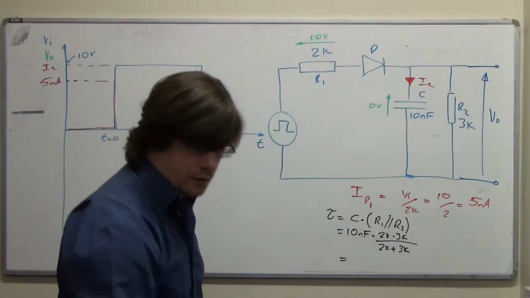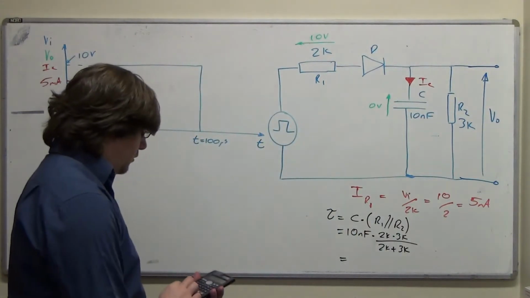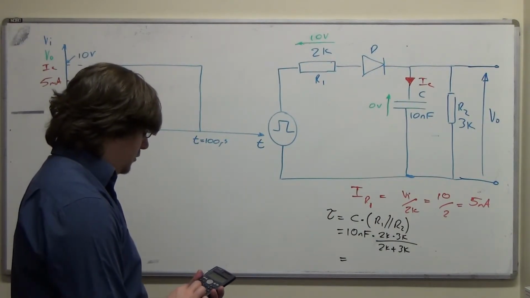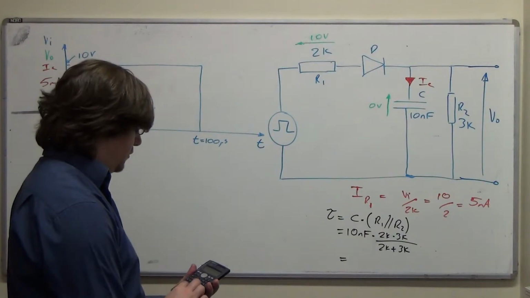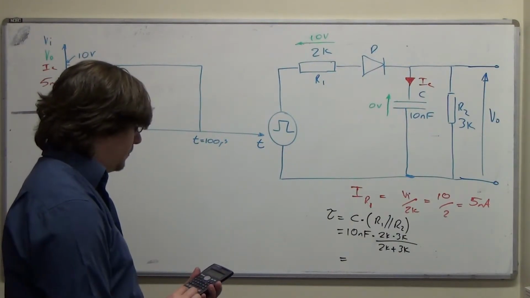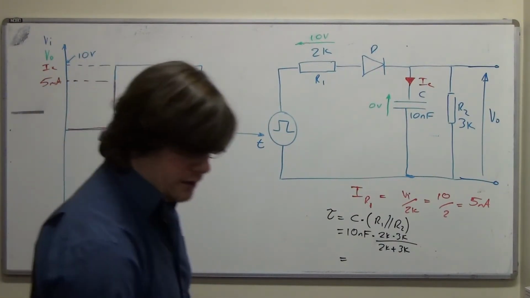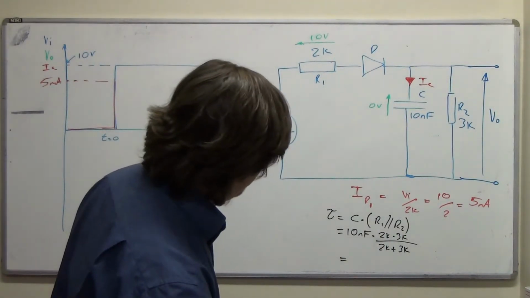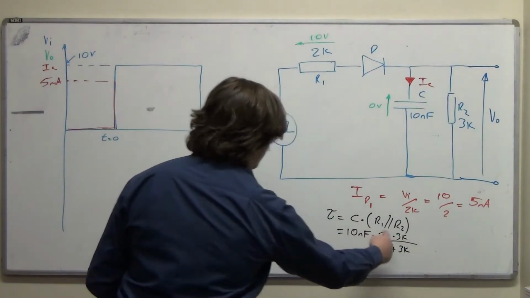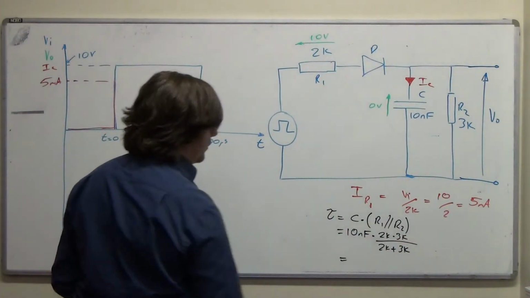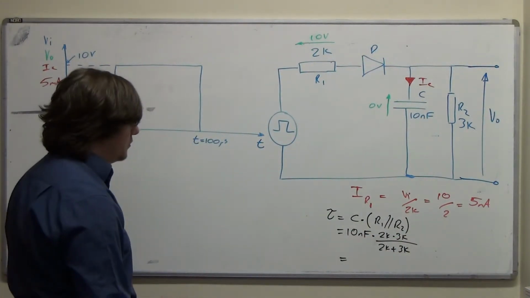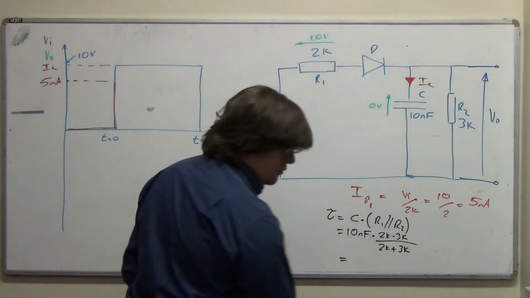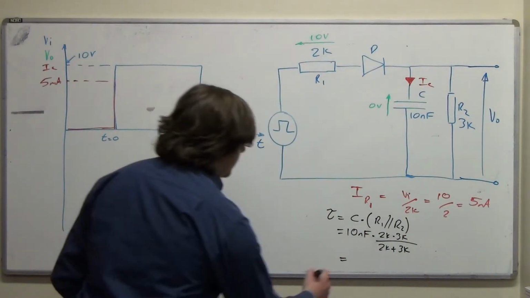That is 2 times 3 over 2 plus 3, 1.2, times 10 to the minus 9, it's 12 nanoseconds, sorry, that's microseconds, 12 microseconds. I did all these in individual ohms, not in kilo. I did it as 2 and 3 as opposed to 2K and 3K. So it's 12 microseconds.